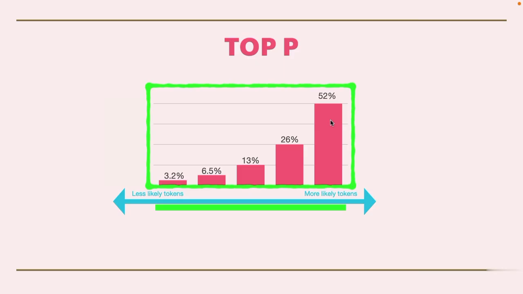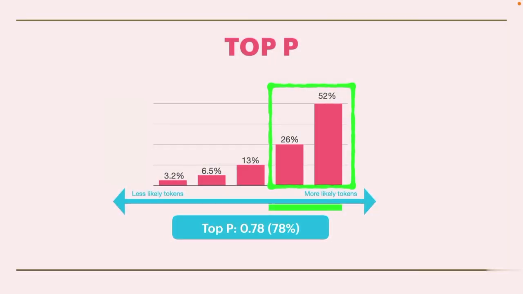So in this example, we've got a top P value set to 1, which means 100%. So we're going to consider all the tokens in this scenario. Now let's move to the next scenario where top P is set to 0.78 or 78%.